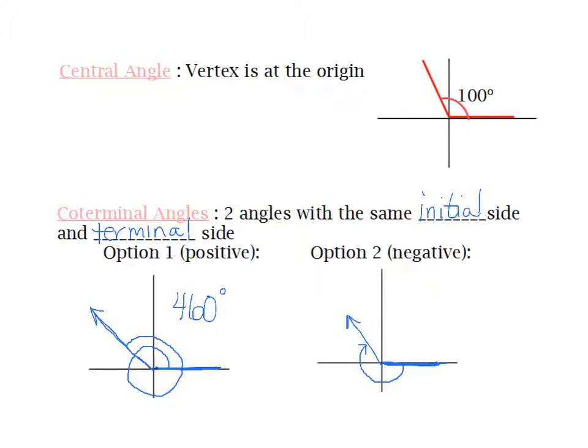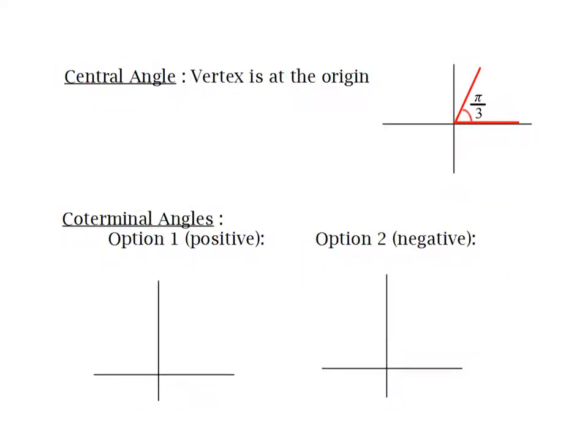If you think about it, it's 360 all the way around. And if this much is 100, how much would this have to be? It would be a negative, because I went clockwise, 260 degrees. And there's different ways to come up with that. You could think of it like here's 180 and then this was another how much more kind of thing. However you want to come up with that measurement. Let's try it again, but let's practice doing that with radians.